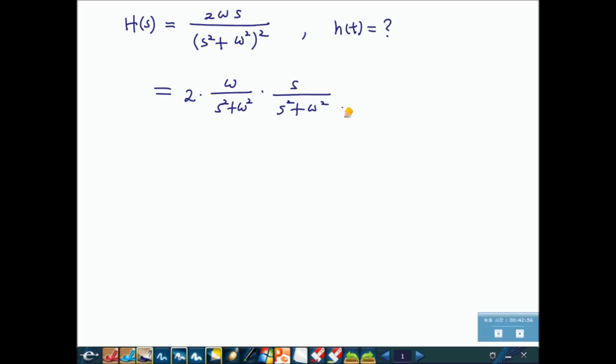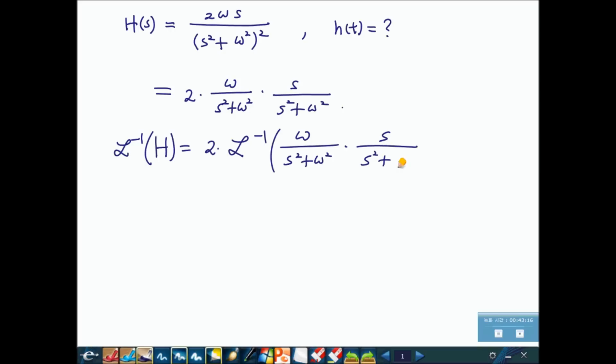primitive form. Then you could do the inverse Laplace transform of big H, and the 2 comes out immediately, right? 2 times the inverse Laplace transform of omega over s squared plus omega squared times s over s squared plus omega squared. Okay? And each one is, this is what?